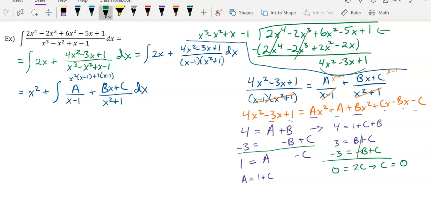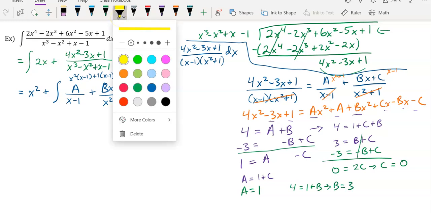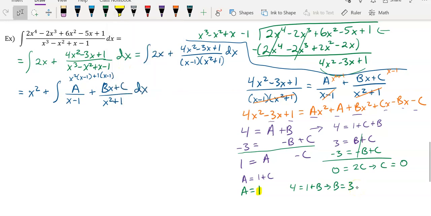Plugging that back in here, a is equal to 1, and then going back into the first equation, 4 is equal to 1 plus b, so b is equal to 3. So my coefficients are a equals 1, b equals 3, and c is equal to 0.